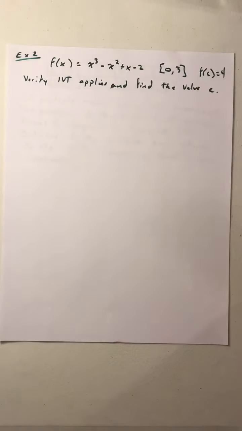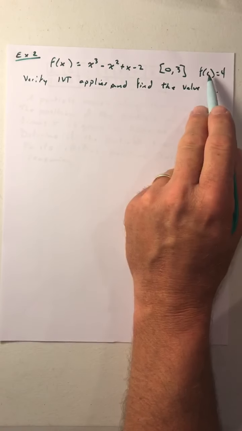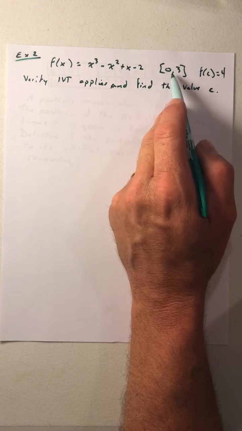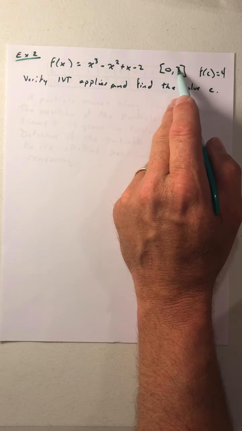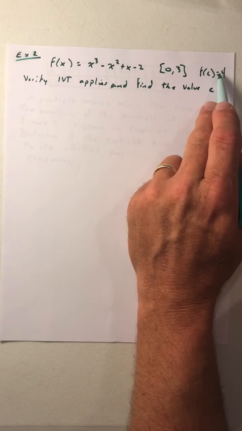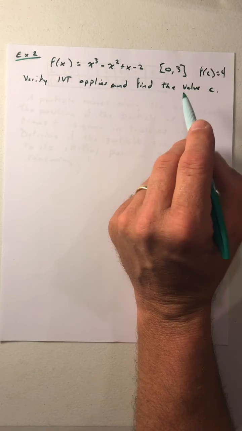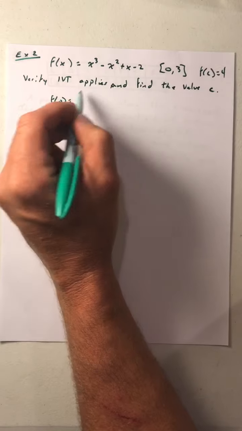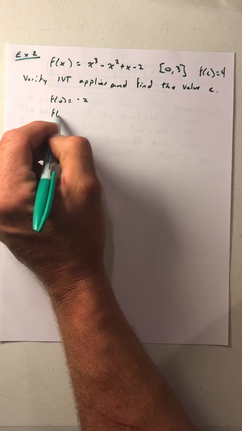Again, we can do this for any value. It doesn't have to be the existence of a 0. So we can show, in this example, x to the third minus x squared plus x minus 2 on the interval from 0 to 3, that there exists a value such that it equals 4. If I plug in 0 here, f of 0 gives me -2.